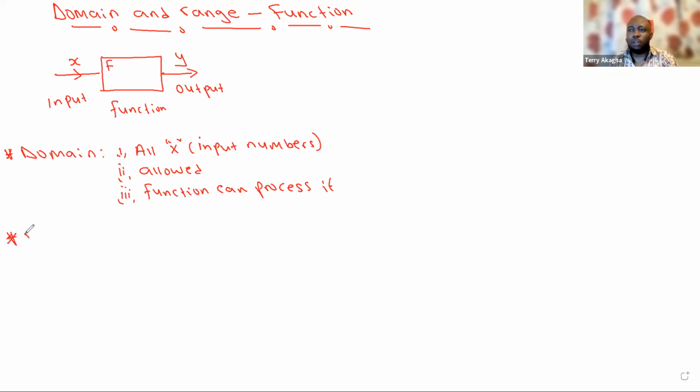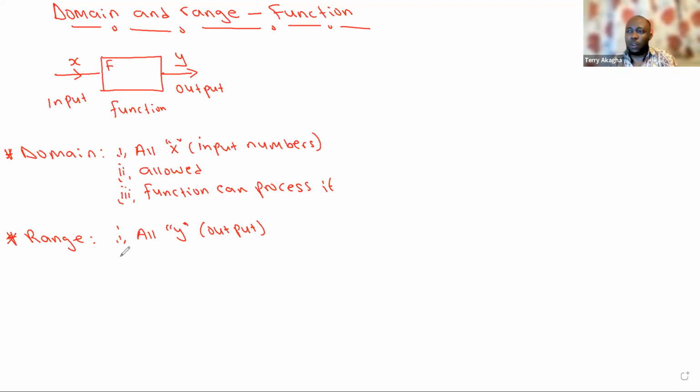Now, this is different from the range. When we talk about the range, it's completely different. The range is a collection of all the y's. It's a collection of all the output numbers, so in this case, all the y's. So it's a collection of all the output numbers that correspond to the domain.